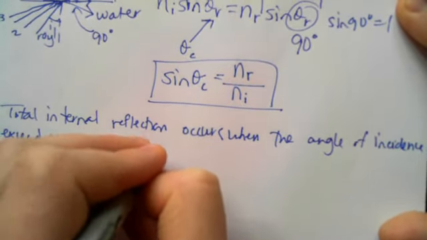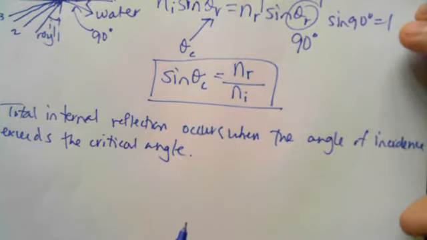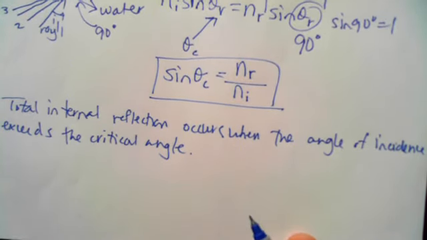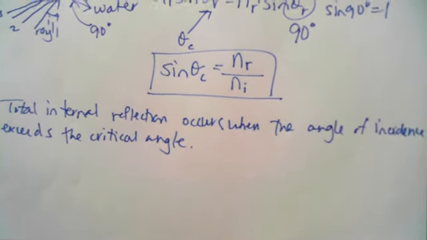And we did that before, where you would try to take the sine of some number and it would come up with a domain error. Domain error tells you can't take sine of anything that's greater than 1. So that tells you that you've exceeded the critical angle, and you're going to get total internal reflection back into your medium.